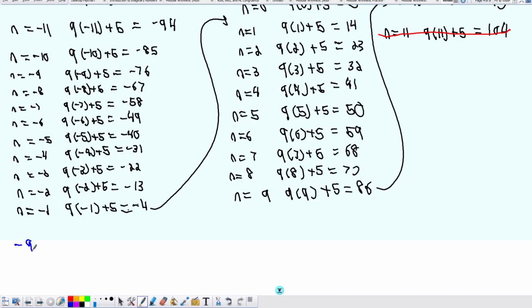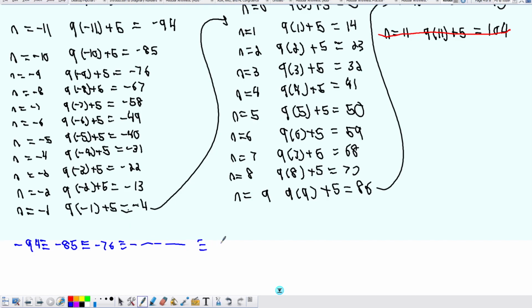So negative 94 is the same as negative 85, is the same as negative 76, is the same as dot dot dot. We'll just continue on and on and on.